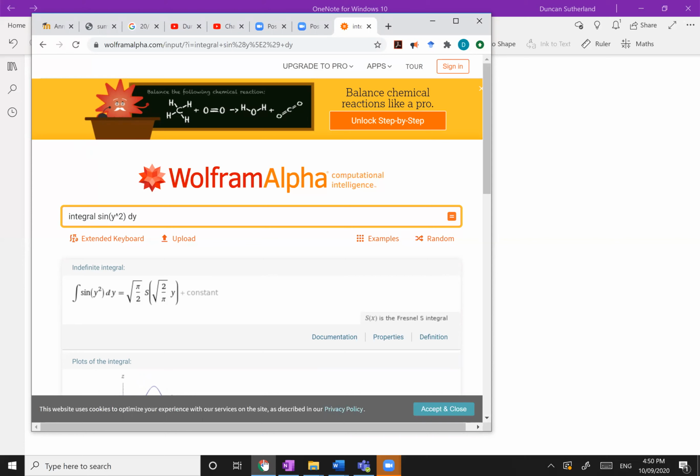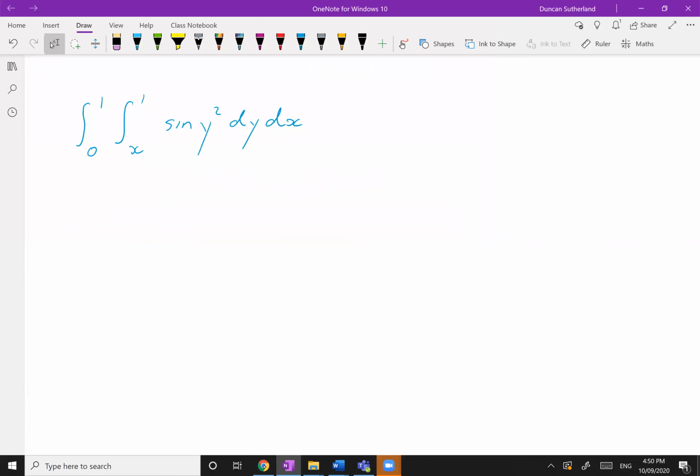If we wanted to stick numbers into it, we would have to use a series approximation to the Fresnel integral, which we can find fairly easily, and we can evaluate it numerically anyway. But that's not actually useful to us at this point in our lives. We want a very nice answer for this integral.